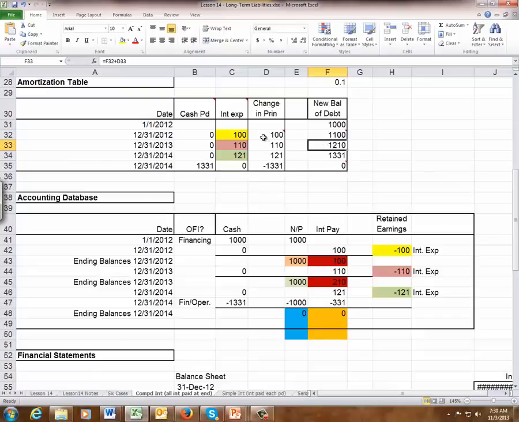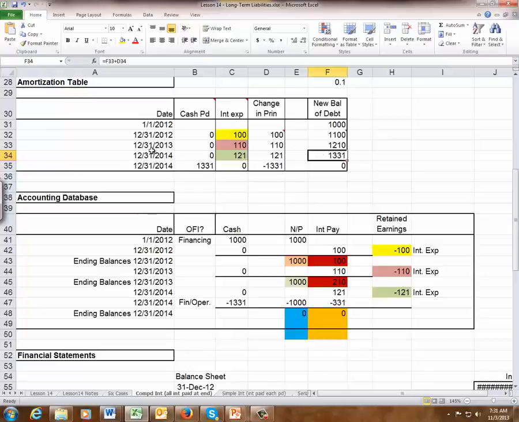Now, the third year, interest accrues at 10% of the amount previously owed of 1,210. So notice our formula. It's the amount in F28 cell, which is our interest rate, times the previous amount owed in F33. So our interest is 121. Assuming we don't pay anything right at that particular point in time, our debt grows by 121.